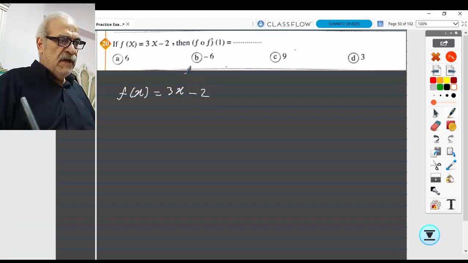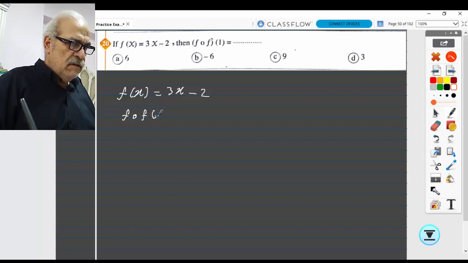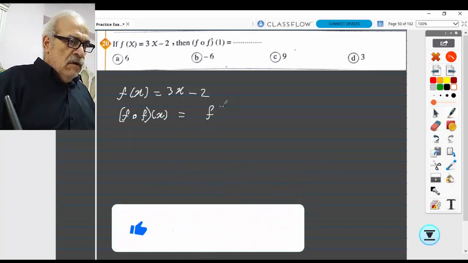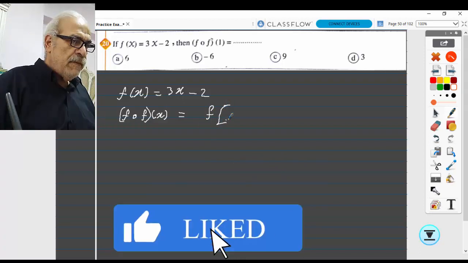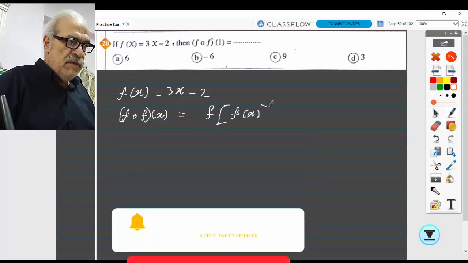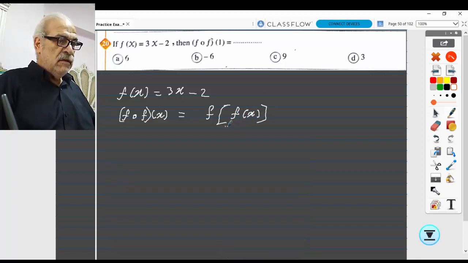Now we have two composed functions, so f circle f of x equals f of f of x. That is the meaning of the composed of two functions.